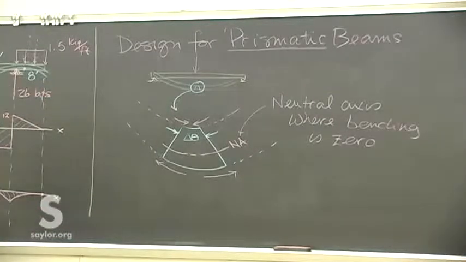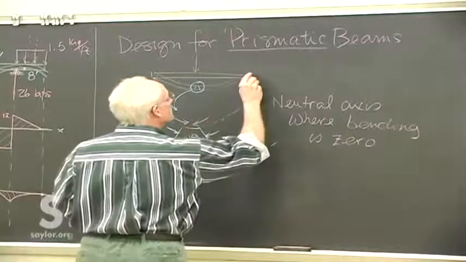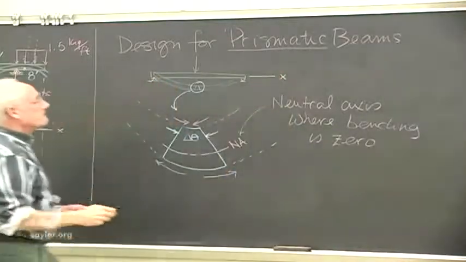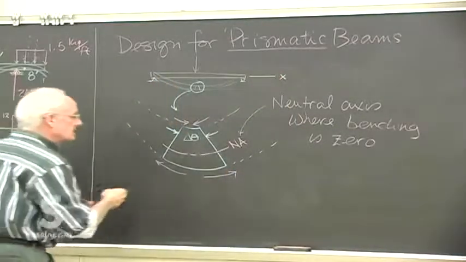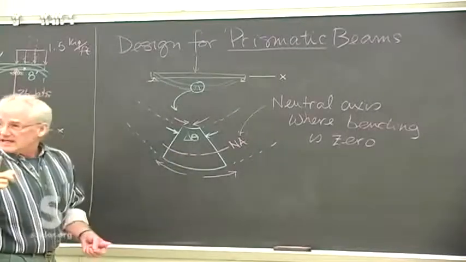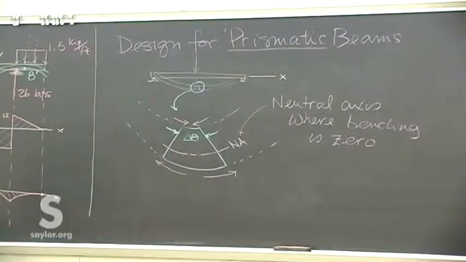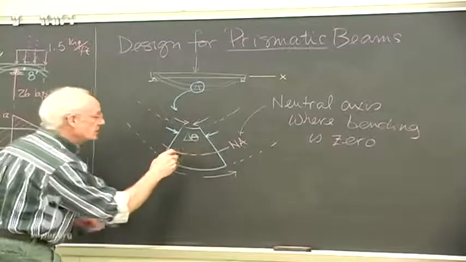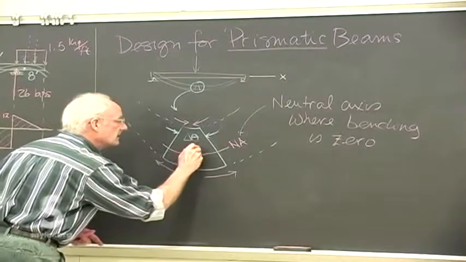Remember, x was the axial dimension. And so we have a little piece delta x here. So that's actually the length of the neutral axis. If the neutral axis has 0 bending, then it's the original delta x in length.